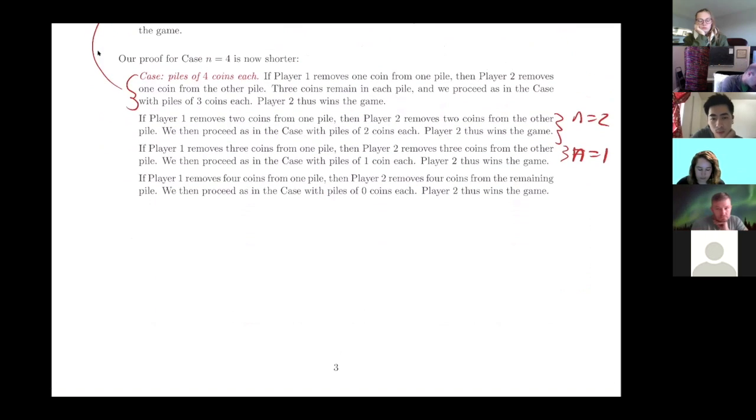So what remains to be seen is what happens in the most general case. How can we make an argument for, say, n equals 100?